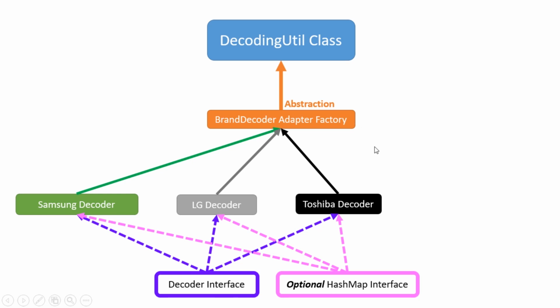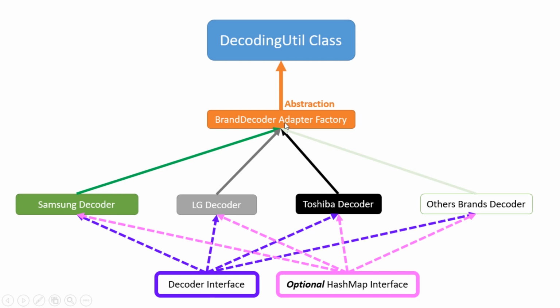So that's what we're going to do now. Let's say we want to add another decoder. How can we add it? It's going to be very simple and straightforward. We just make another brand decoder, make the connection between the decoder interface and the optional hash map, and notify the adapter factory that we have created a new brand.